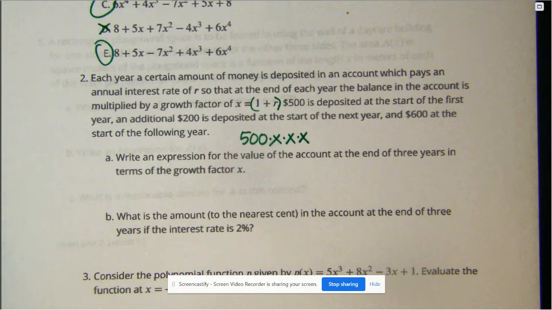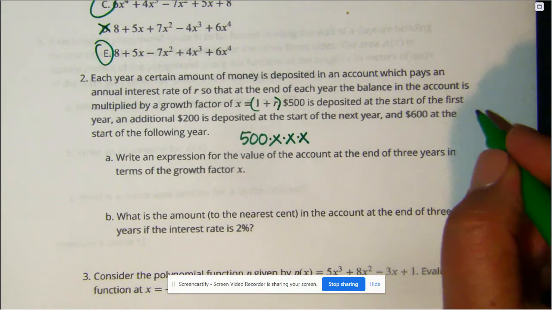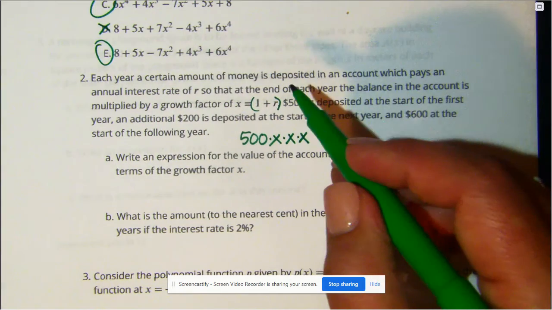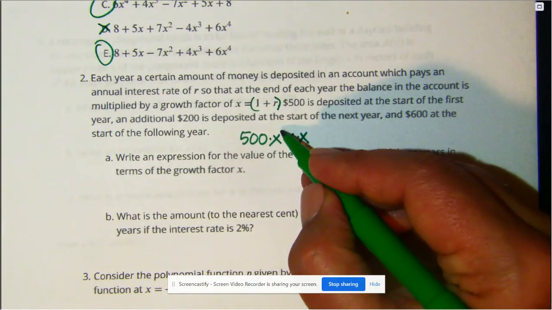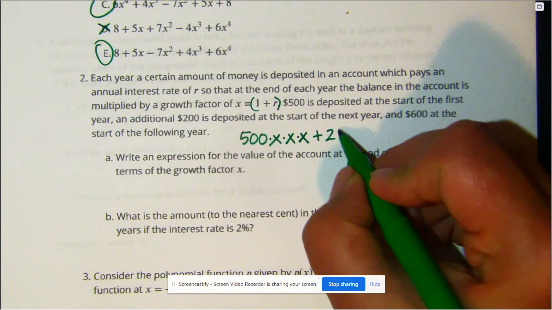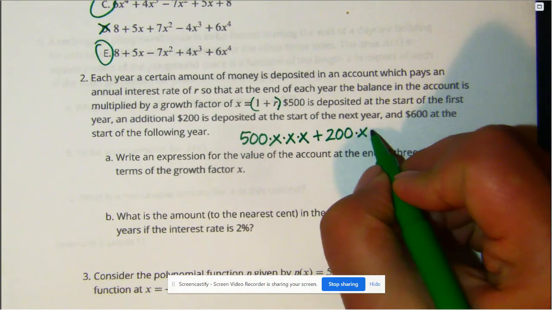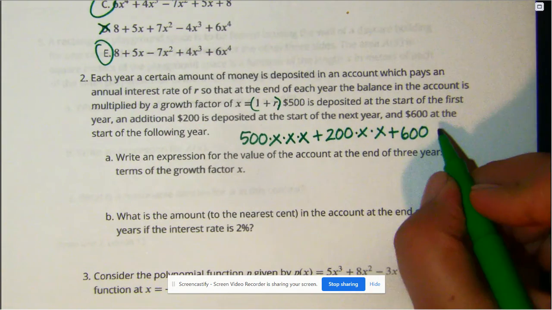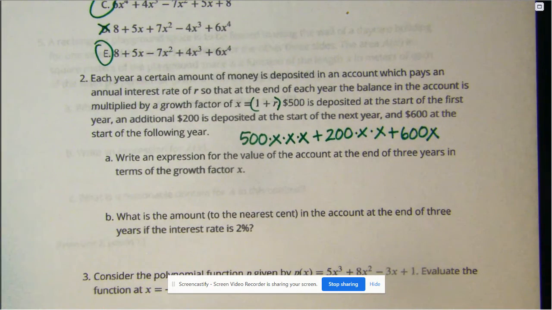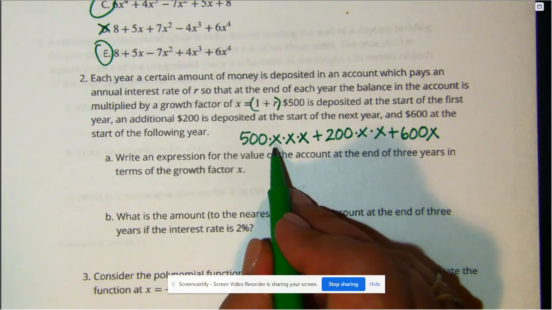Now, not until the next year, 200 is added in. So it's not going to get multiplied by that 3 times. It's only going to get multiplied by that 2 times. And then finally, 600 gets multiplied 1 year later. Again, what does x stand for?